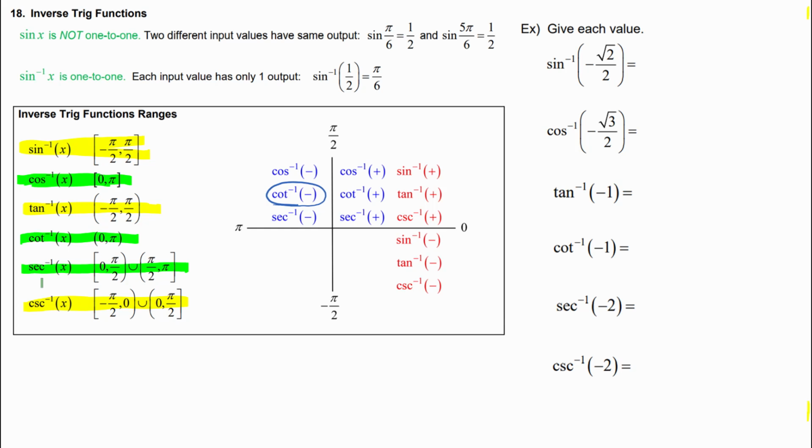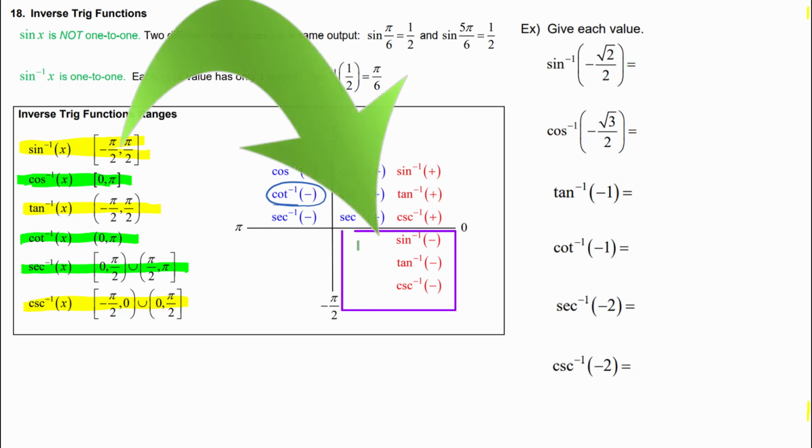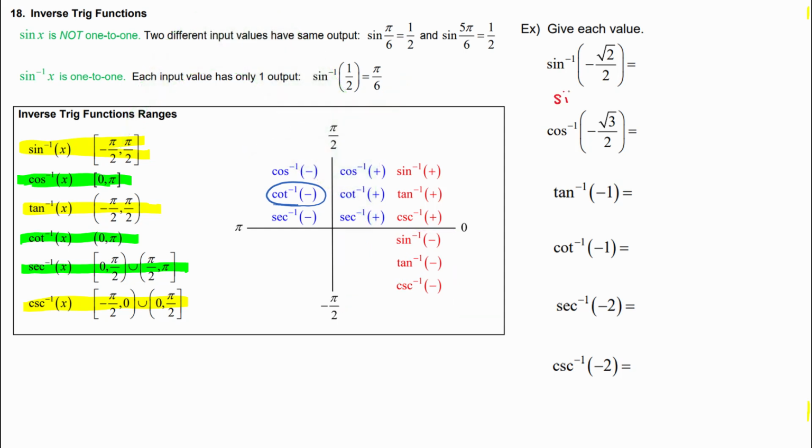I have an input of all negative numbers for all of them. So it is a matter of finding the right quadrant. Sine inverse of a negative number will be a negative angle in quadrant 4. And what you have to think is, sine of what angle is equal to negative radical 2 over 2.